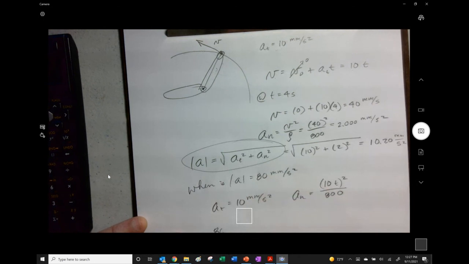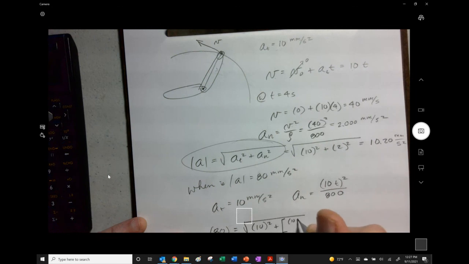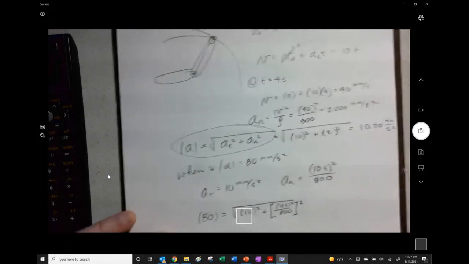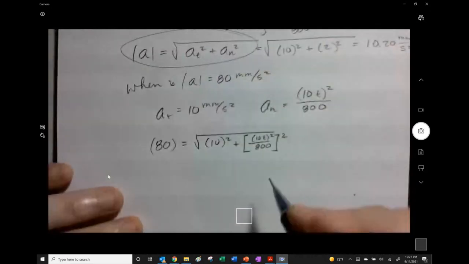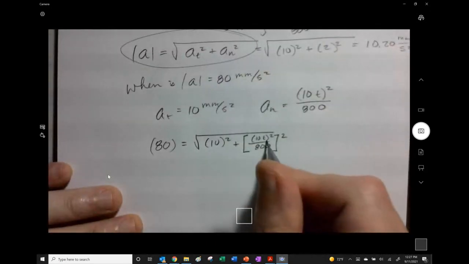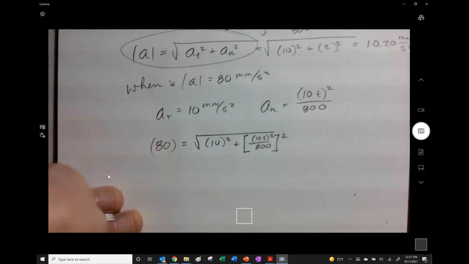We say 80 is equal to the square root of 10 squared plus the quantity 10t squared over 800, squared. And we can solve for t. So I just make it 80 squared.